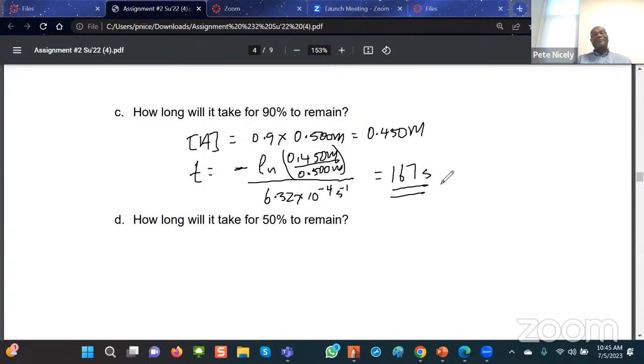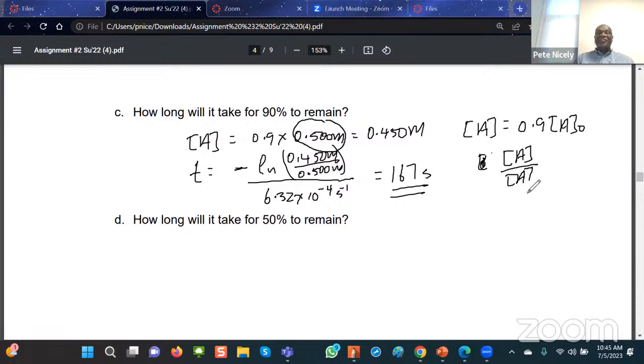All right. Now, one thing I want to say here, and that's in relation to both the B and C part. You did not need to use the initial concentration, because in the case of the C part, you could just simply say that the concentration of A is equal to 0.9 times the concentration of A initial, which means that the concentration of A over the concentration of A initial is equal to 0.9, right?